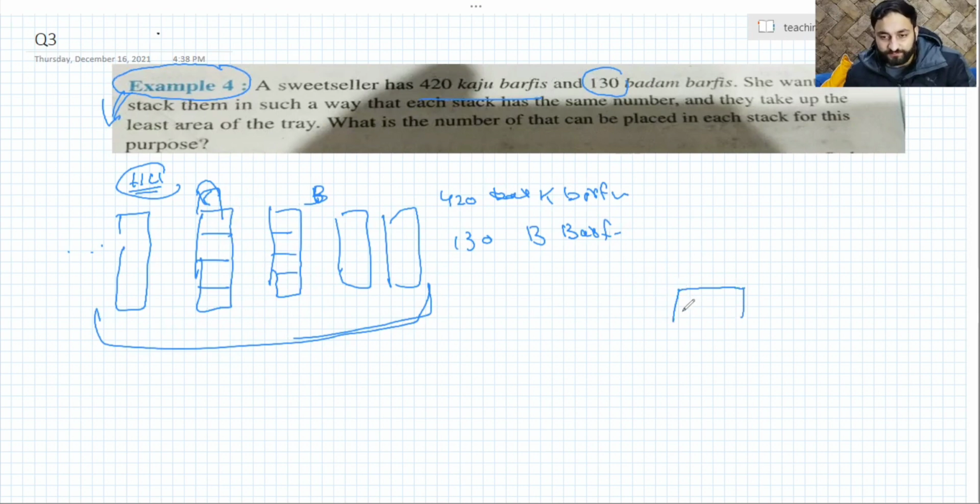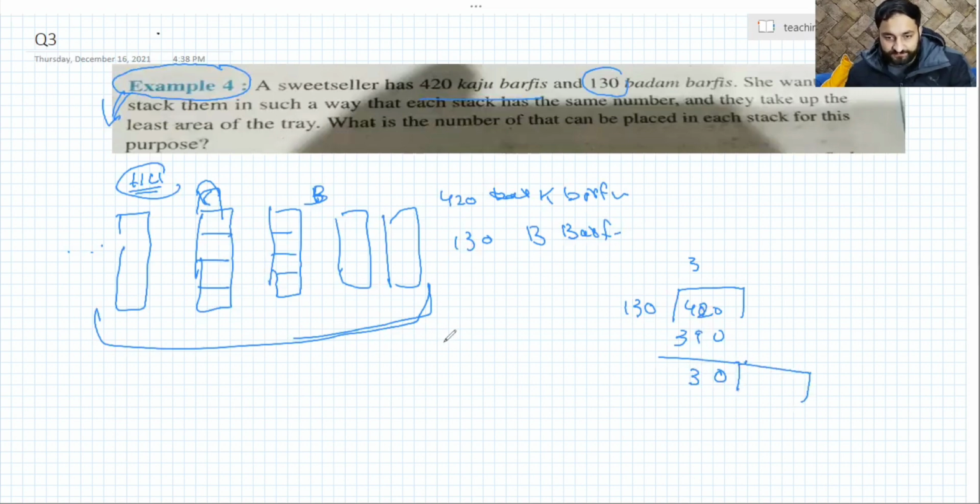420 divided by 130. Let's do it with 3. 3 zeros are 0, 3 threes are 9, 3 ones are 3, 12 minus 9 is 3. So 30.